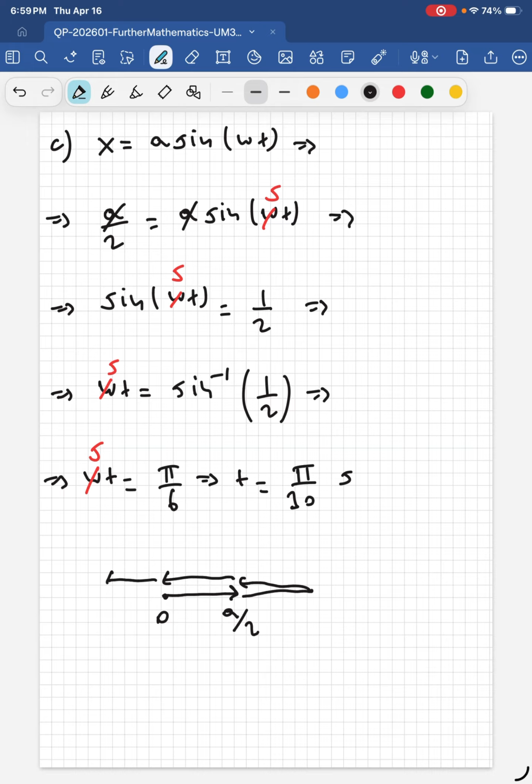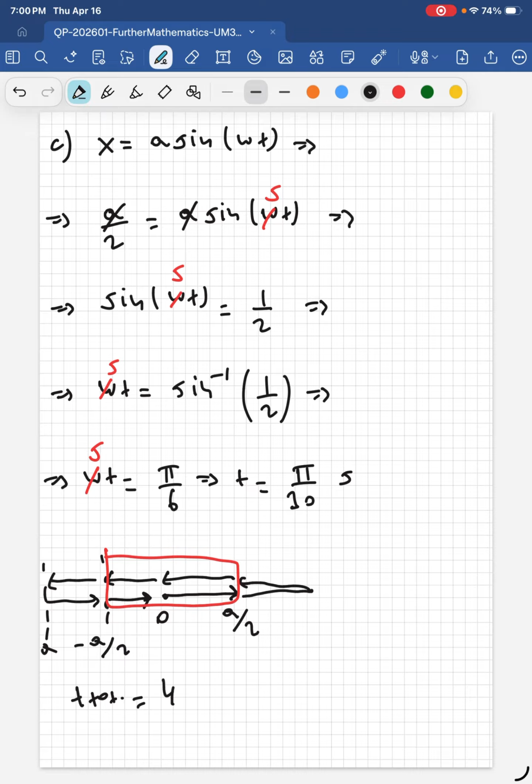And then it's going to go all the way to a, which is the amplitude, and then come back, and then spend another pi over 30 seconds to go back to the origin. So in total, this is what we need, okay? T total is the time it will take, 4 times what we just calculated. So 4 pi over 30 seconds is the total time it will take, okay?